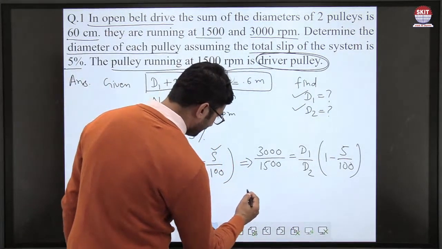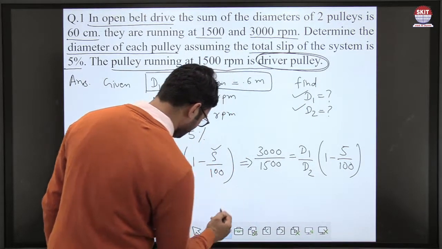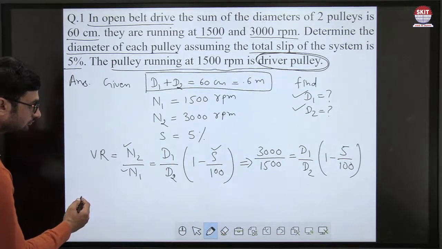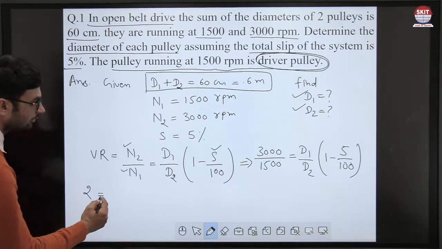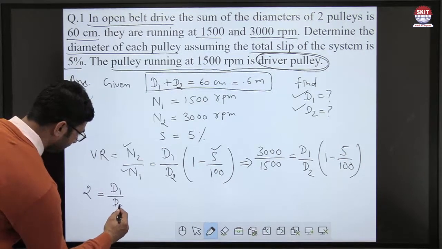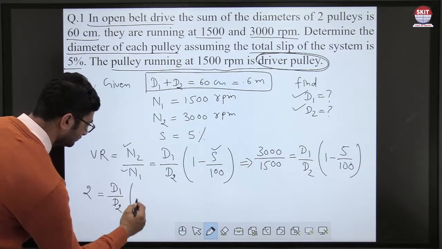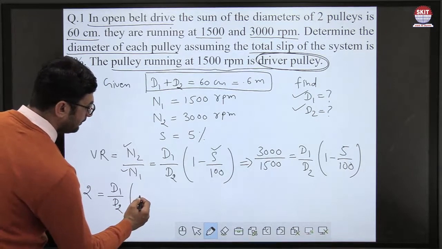Now the relation between N2 upon N1 is 2, equal to D1 upon D2 times 0.95.